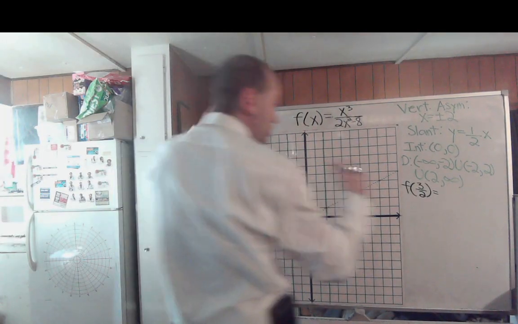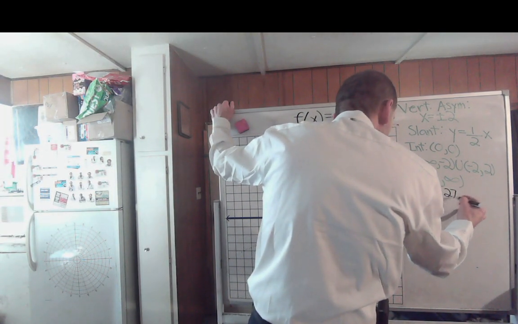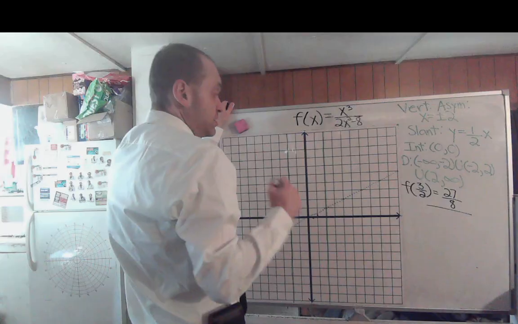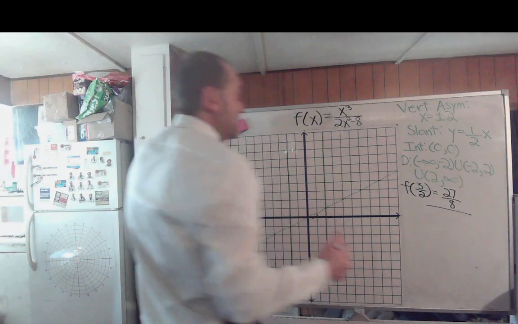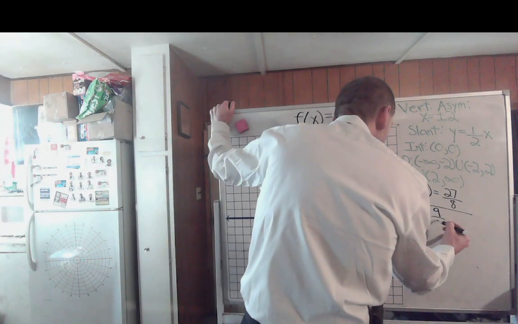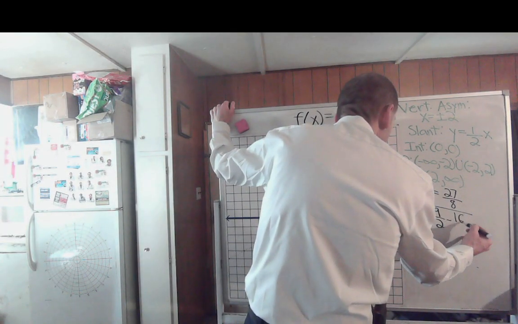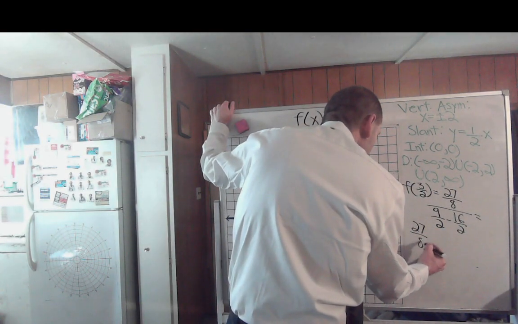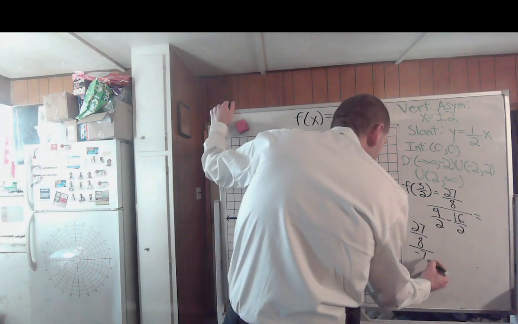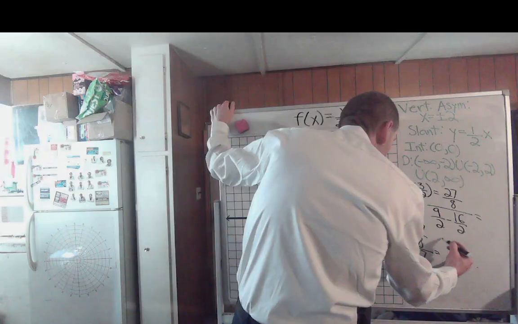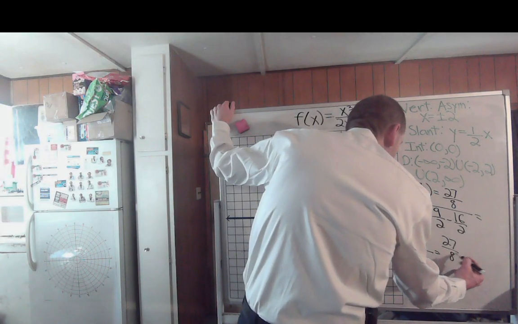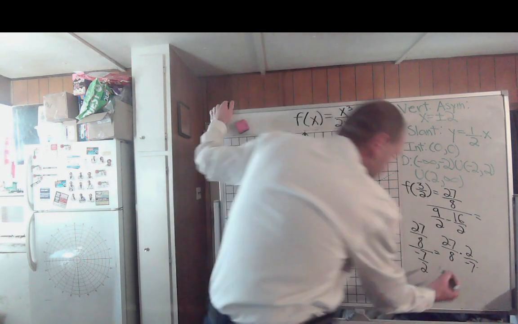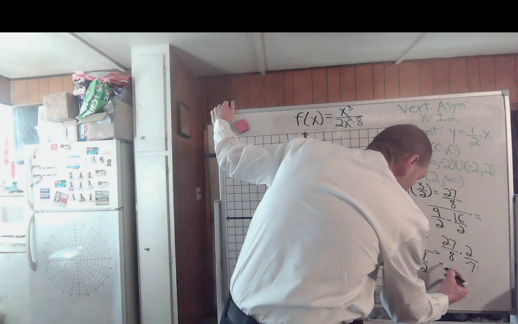Well, that would give me 27/8 all over 2 times 9/4 would be 9/2 minus 16/2, which would give me 27/8 over negative 7/2, which would give me 27/8 times 2 over negative 7, which would give me negative 27/28.